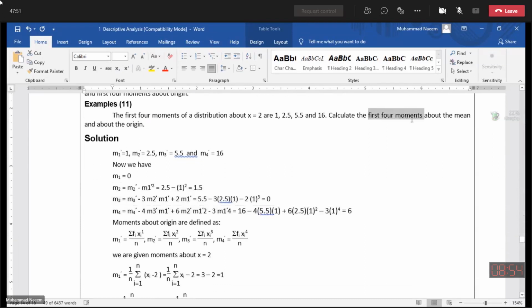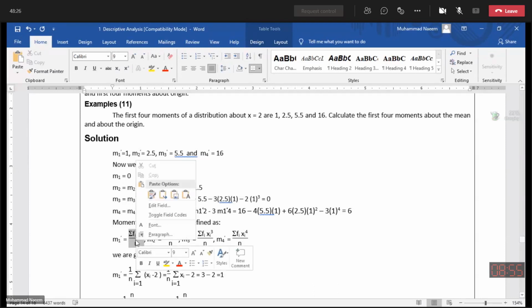In this way, we will get first four moments about mean using the relation. And to find the moments about origin, we have to expand the powers of the deviations from 2. And by expanding, we will apply sigma and divide by n.